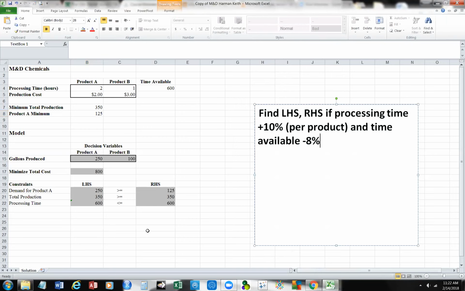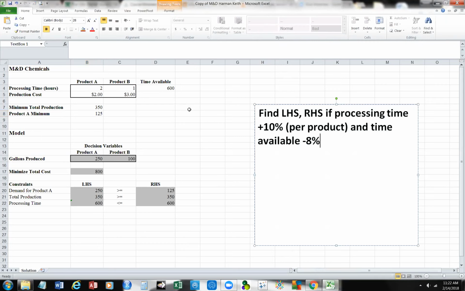Here I'm asking, if processing time goes up 10%, let's come up here to processing time. You have 2 hours per product for product A and 1 hour for product B. So you increase that by 10%. And then the time available, you're going to have 92% of it, or minus 8%.